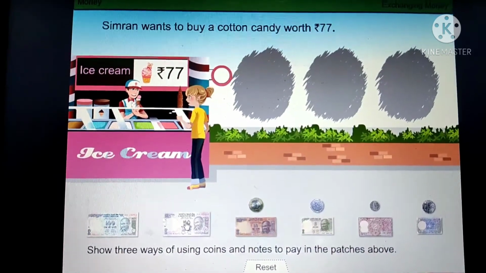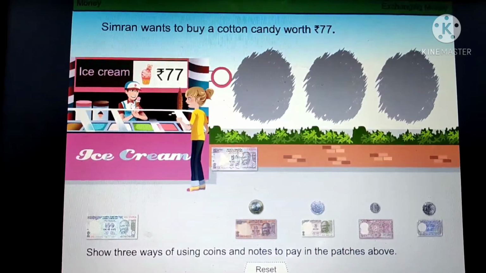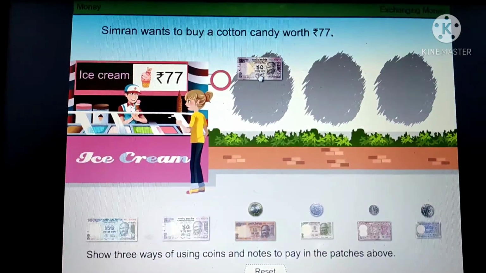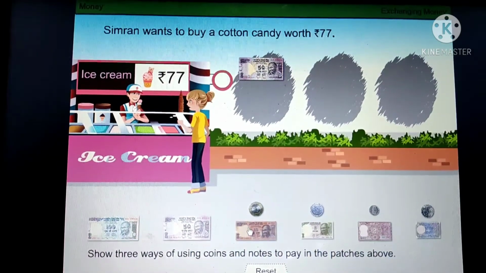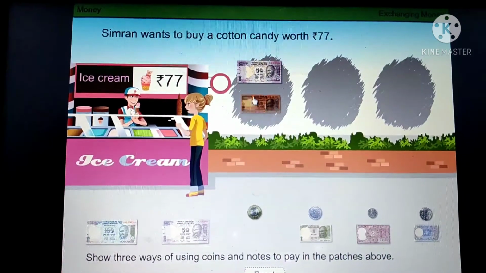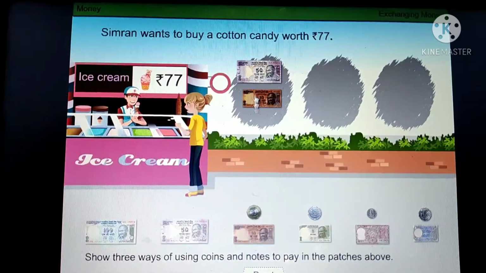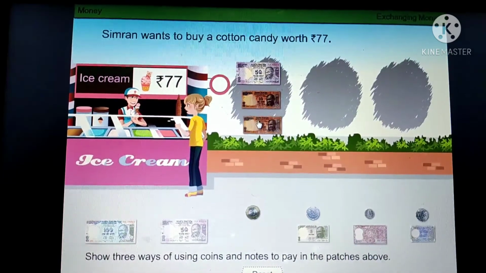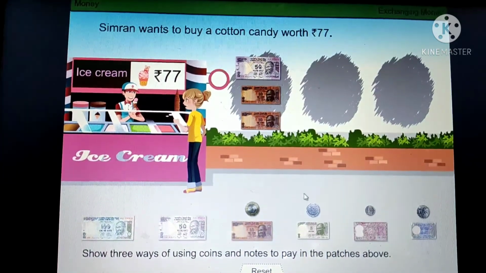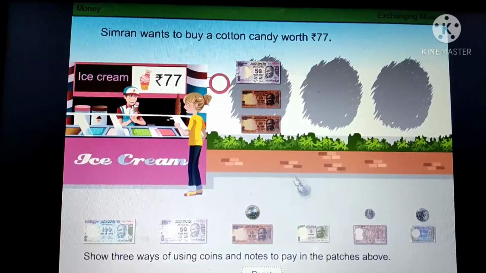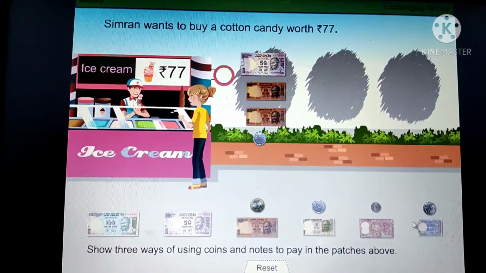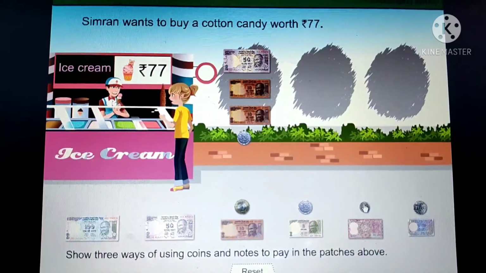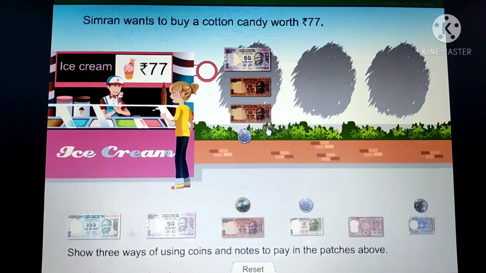The first way is she can pay 1 note of 50 rupees, then 2 notes of 10 rupees, 50 plus 10, 60, 60 plus 10, 70, plus 1 coin of 5 rupees and 1 coin of 2 rupees.